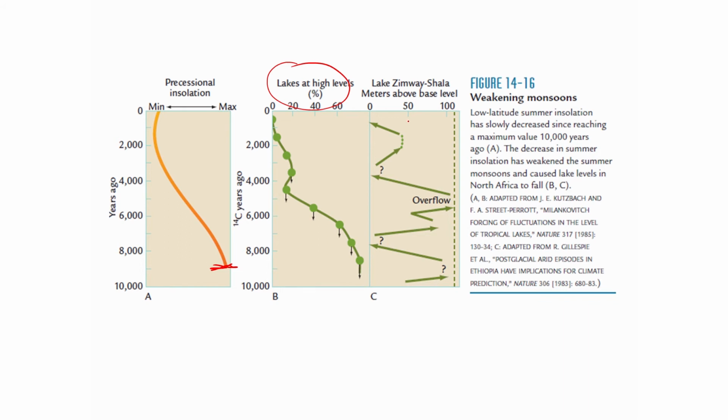So this is the lake level in some country in Africa, and you can see that there are complications there, basically because you have various hydrologic structures which determine how much water makes it to the lake and how much doesn't. There are thresholds of rain. If it doesn't rain enough, it can just evaporate and never make it to the lake, and so on and so forth. Nonetheless, you can see that there is some similarity between the monsoon changes and the lake levels.